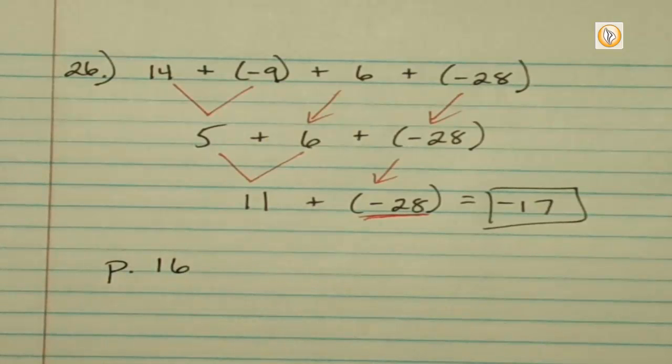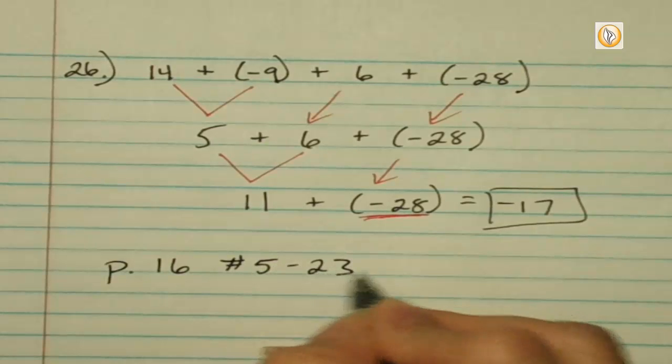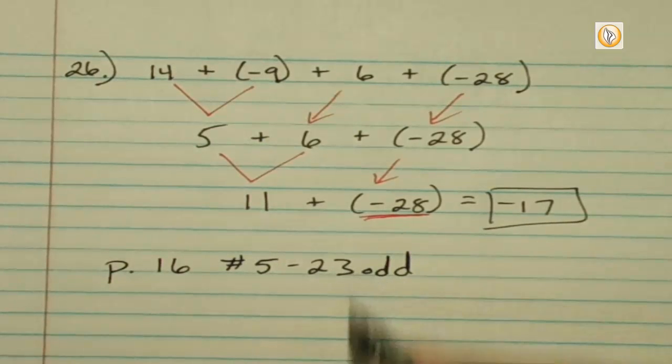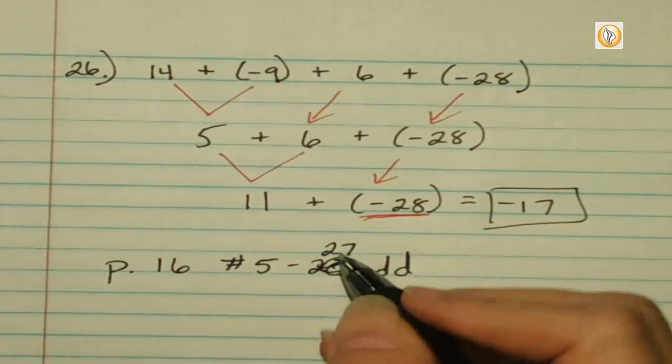You're doing 6 numbers. Numbers 5 through 23 odd. Actually, no. 27 odd.